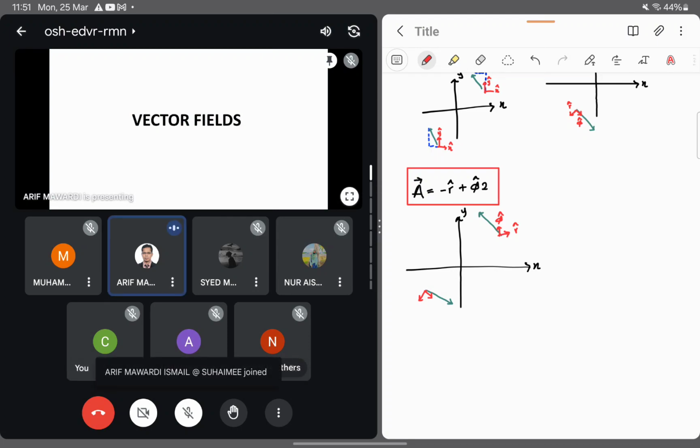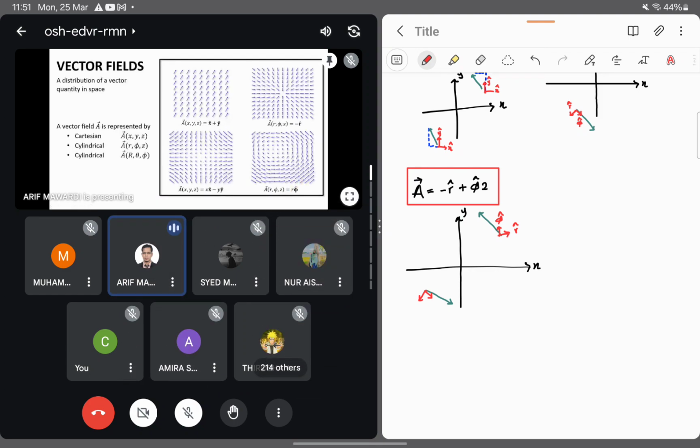Okay, let's continue. Boleh nampak tak sekarang? Saya check dulu. Hello? Boleh sir, boleh. Okay, sekarang ni kalau saya tukar slide, nampak tak dia buka sekarang ni vector.